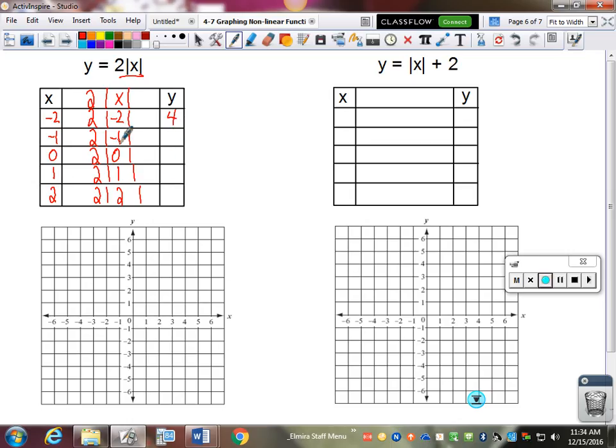Negative 1, the absolute value would be positive 1 times 2 is 2. 0, 2, and 4. So negative 2, 4. Negative 1, 2. 0, 0. 1, 2. 2, 4. So this makes like a skinnier V.